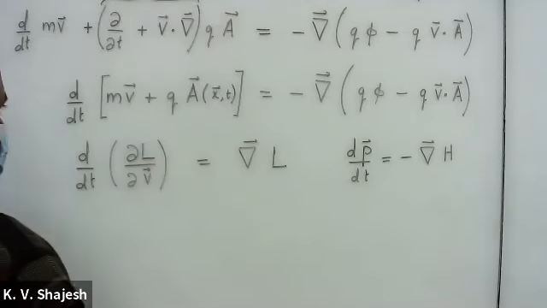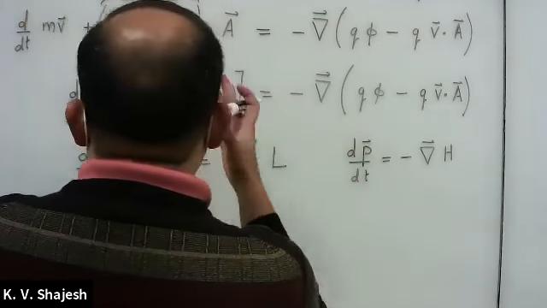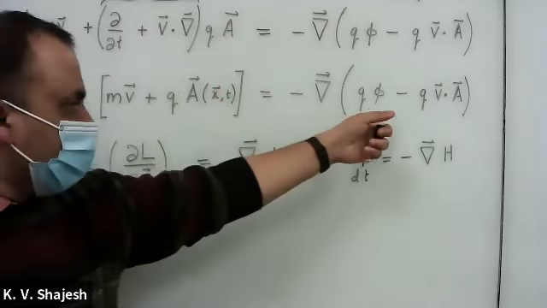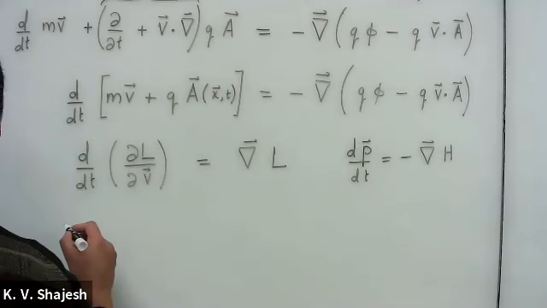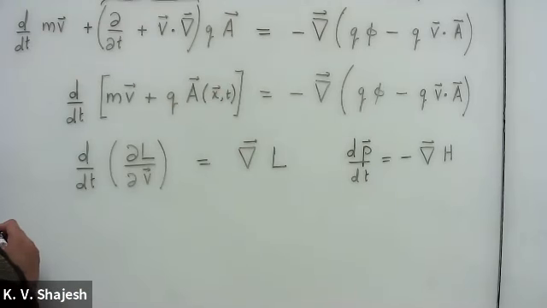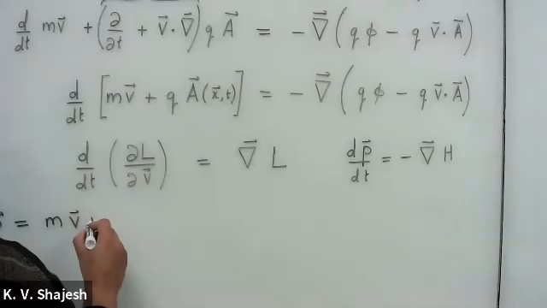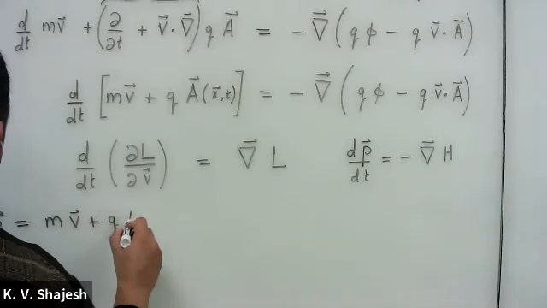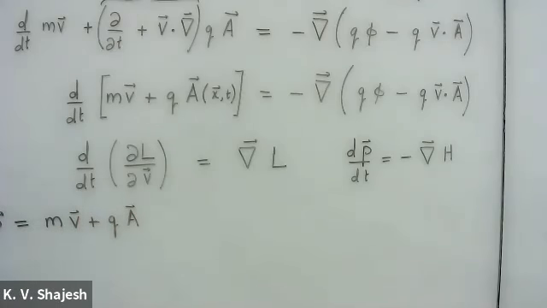And if I were to compare this and this equation, it seems to suggest that I can read out what is momentum, I can read out what is the Hamiltonian, right? So at that stage, I learned from Newtonian physics that momentum is equal to mv plus q times a, where a is a function of position.